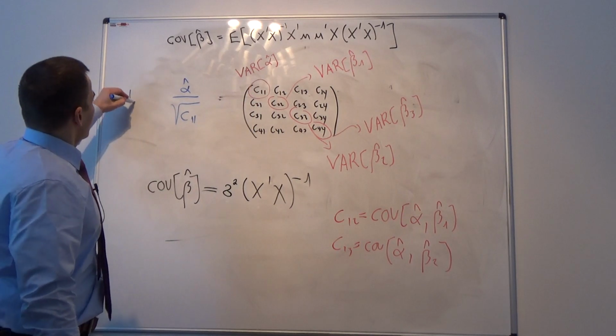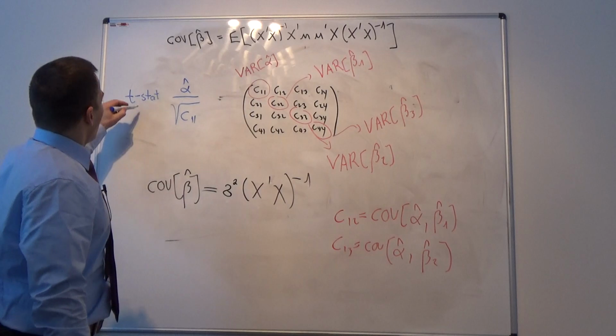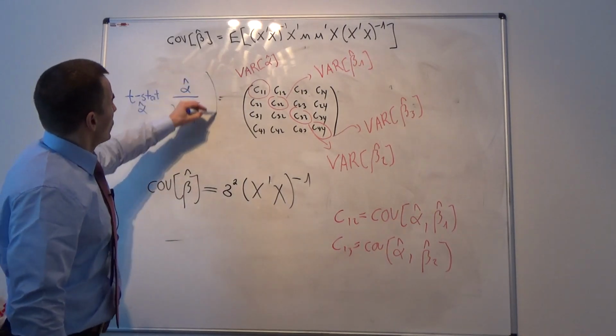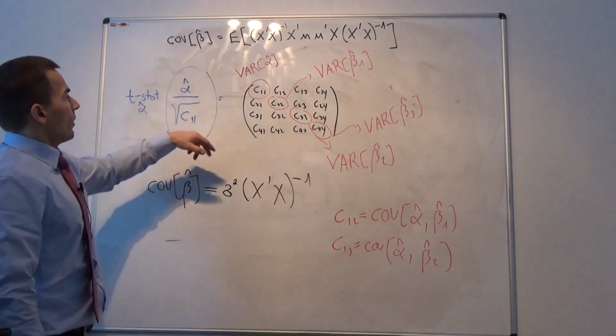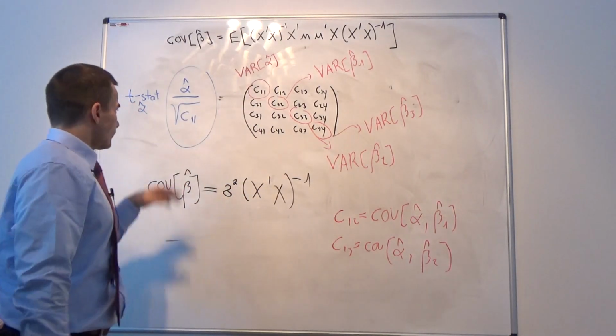So that's the t-statistic for our alpha hat. That's how you would do it. Because obviously C11 is the variance of our alpha hat.